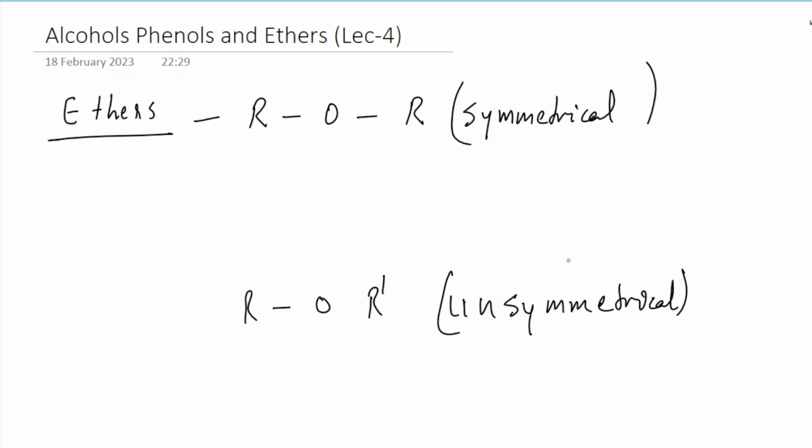If both R groups attached to the compound are the same, then it's a symmetrical ether, and if they are different, it's an unsymmetrical ether.